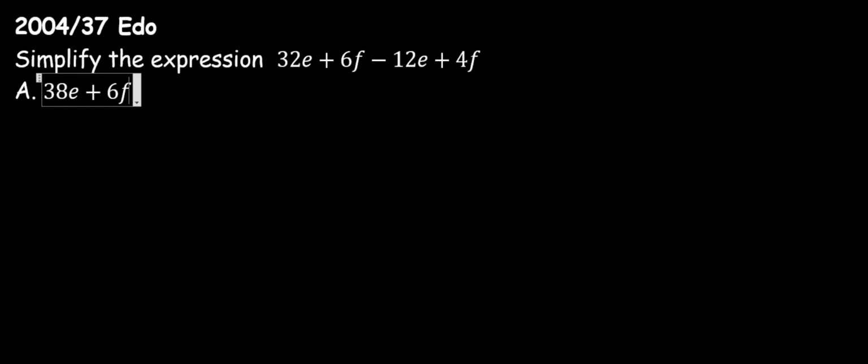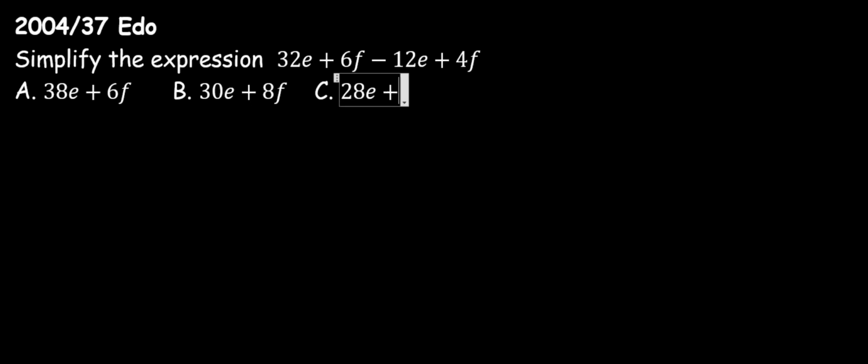Another example. Simplify the expression 32e plus 6f minus 12e plus 4f. The options are given. A, 38e plus 6f. B, 30e plus 8f. C, 28e plus 9f. D, 20e plus 10f.